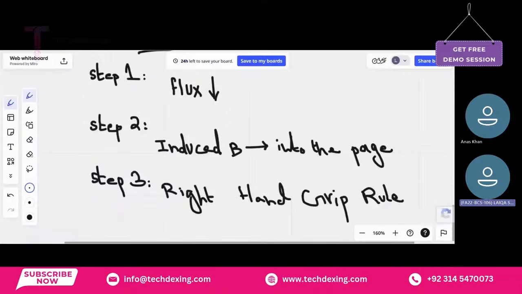In this case, the induced magnetic field is into the page. You point your thumb towards the screen, and the curl of your fingers will give you the direction for the induced current. Are your fingers curling in the clockwise direction or anti-clockwise?